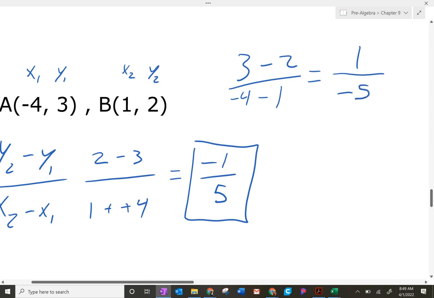Again, I still have a negative sign here, I still have a negative sign there. The reason we want to keep it together is so that if we do have 2 negative signs, we can cancel those out if we need to. Okay?